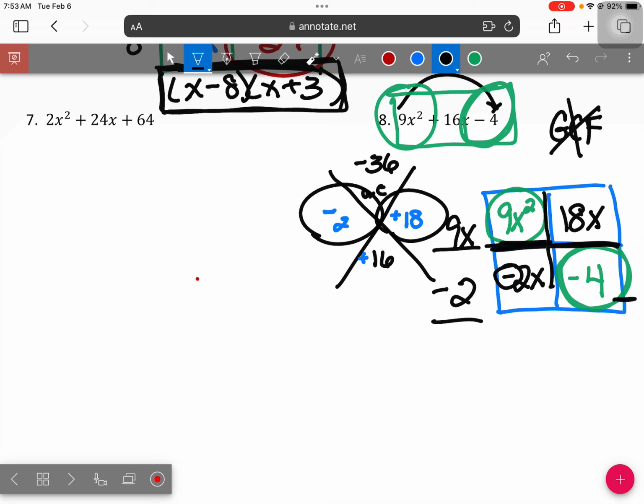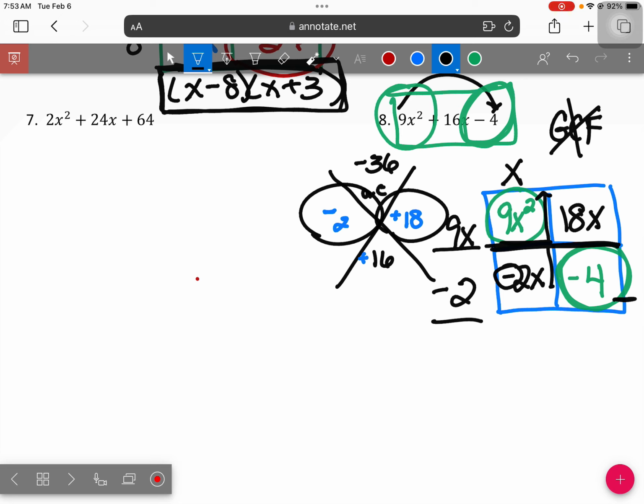Angel. 9x squared and negative 2x? Does 2 divide into 9? Not evenly. So it's just going to be x. Nothing between 9 and negative 2 except for 1.